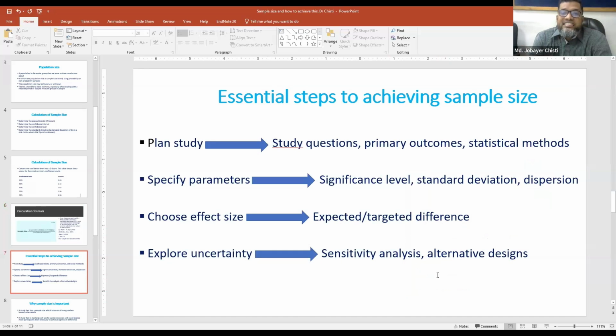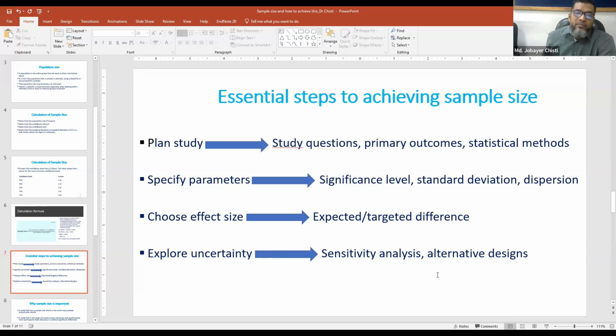And for the essential steps to achieving sample size, we must have a study plan where we need to have the primary outcome. And most of the time, sample size depends on the primary outcome. And simultaneously, we need to specify the parameters with the significance levels and standard error, and also the dispersion.